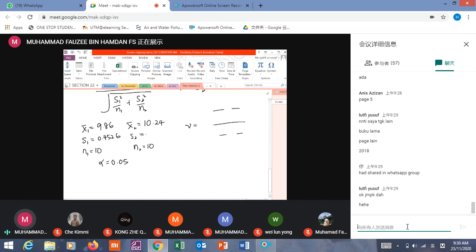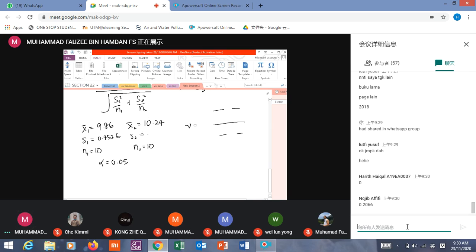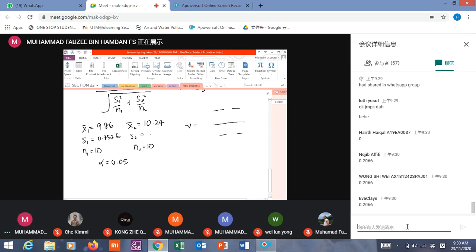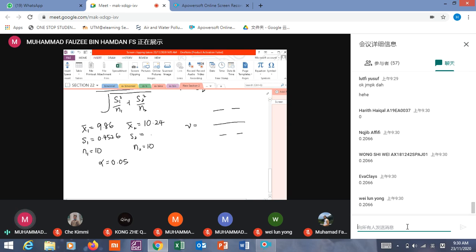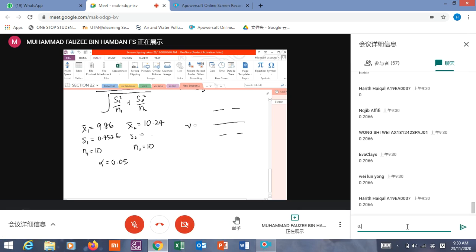Okay, so we continue. S2 equals 0.2066. Okay, so all the information you already know to calculate the degree of freedom.